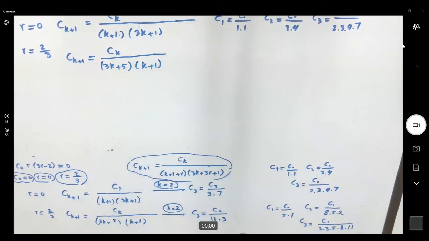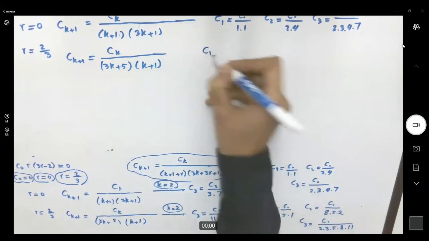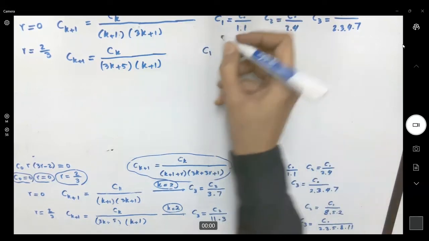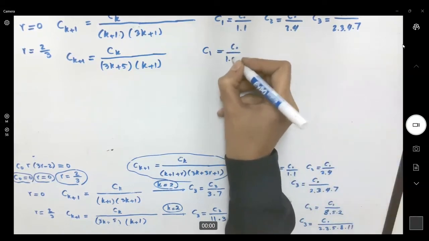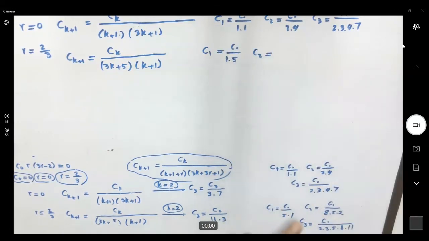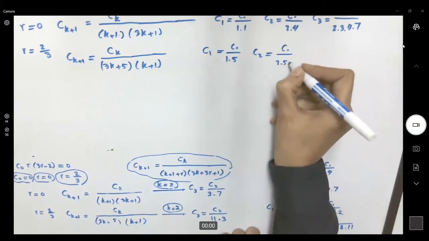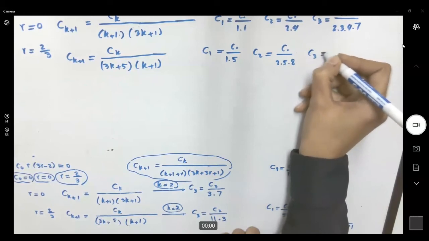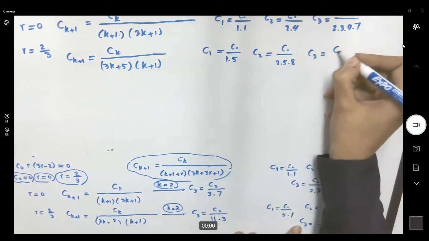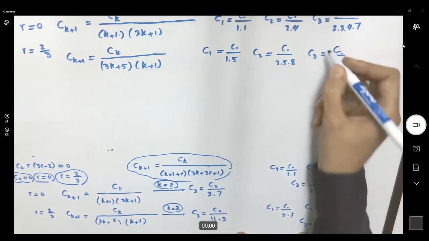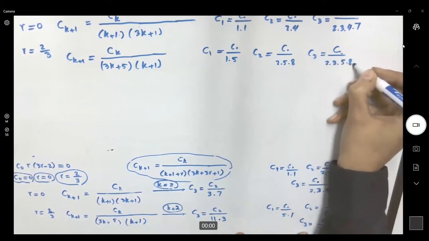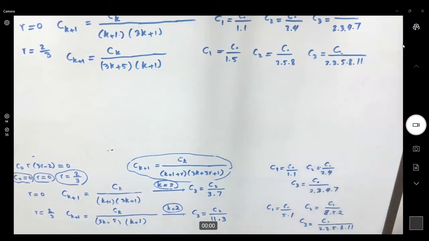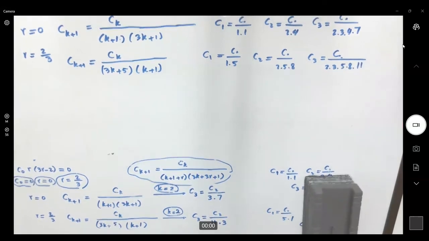And from our calculation, I'm just copying down our calculation up here. C1 becomes C sub 0 divided by 1 times 5, and C sub 2 becomes C sub 0 divided by 2 times 5 times 8, and C sub 3 becomes C sub 0 divided by 2 times 3 times 5 times 8 times 11.